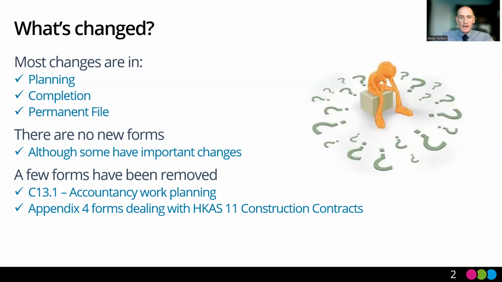There have been a number of other minor text changes and changes to terminology throughout the manual. However, I'm not going to draw attention to those because they largely don't affect the process or the audit approach, and therefore they're not relevant to this overview of the main changes.